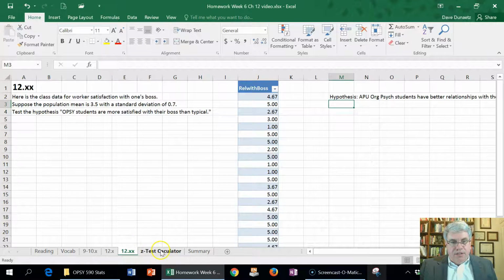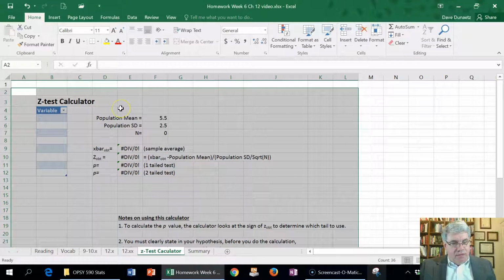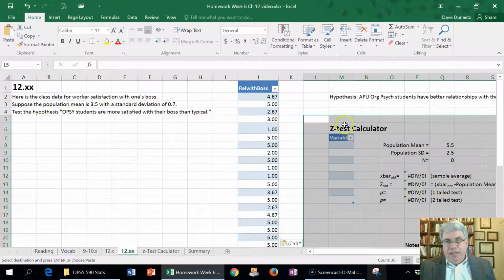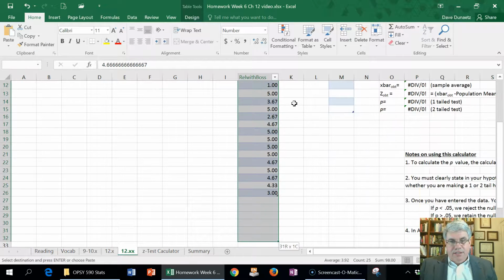Now let's go copy our z-test calculator. It's still highlighted from the last problem, so I'll do Control C, go back to this equation, and put this over here, Control V. And now we need to copy the data into the calculator.